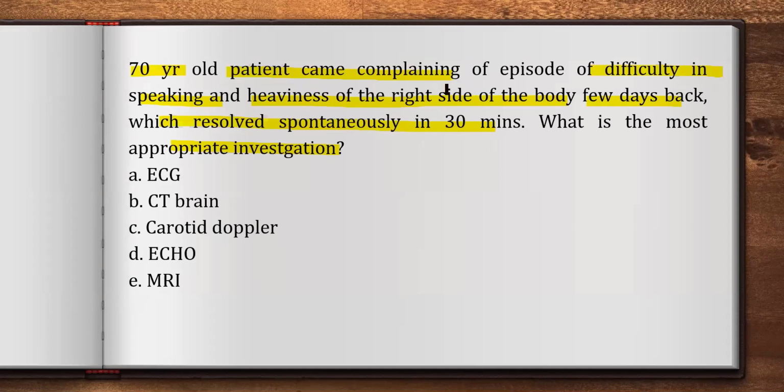What is this condition? TIA, right. So this is a TIA. What is the most appropriate investigation in a TIA patient? That's the question. So you want to do an ECG, CT brain, carotid Doppler, echocardiogram, or an MRI.